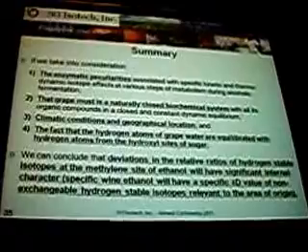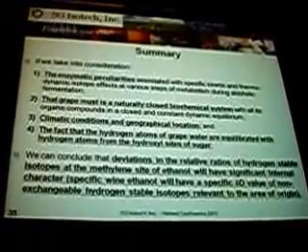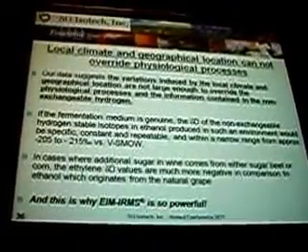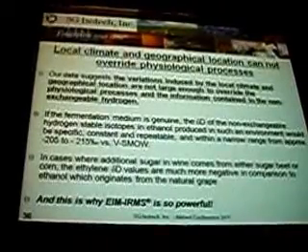Specific wine ethanol will have a specific delta D value of non-exchangeable hydrogen stable isotope relevant to the area of origin. And also, our data suggest that variations induced by local climate and geographical location are not large enough to override the physiological processes and the information contained in non-exchangeable hydrogen.